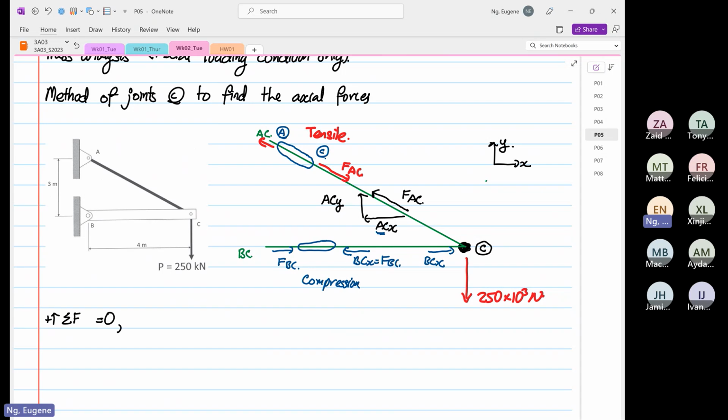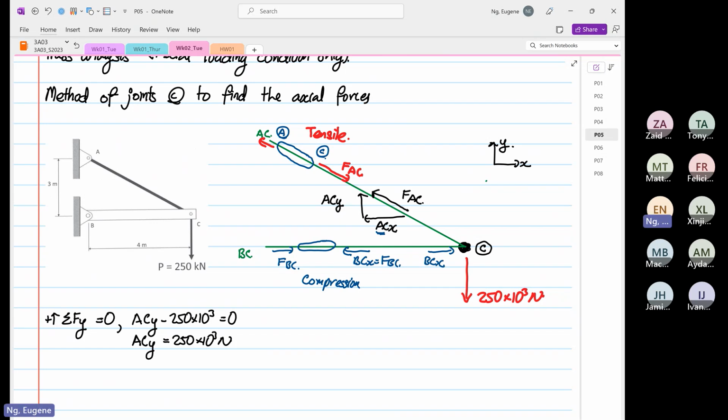The summation of forces in the y direction is equal to 0. So you have ACY minus 250 times 10 to the power 3 is equal to 0. ACY is equal to 250 times 10 to the power 3 Newton.